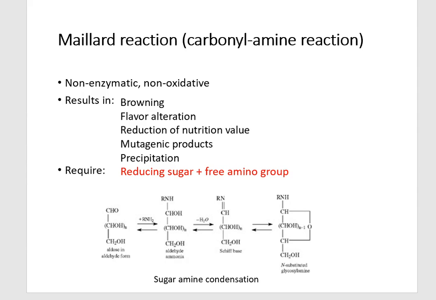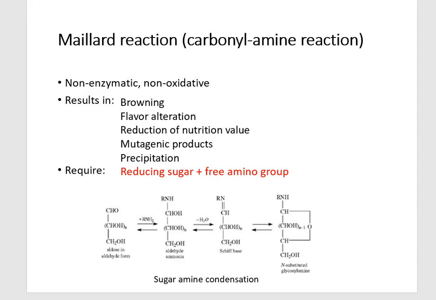You already learned about Maillard reaction in the carbohydrate chapter. So as you know, among the various processing-induced chemical changes in proteins, this non-enzymatic Maillard reaction has the greatest impact, especially on the sensory and nutritional properties. It's a complex set of reactions initiated by reaction between amines and carbonyl compounds at elevated temperature.